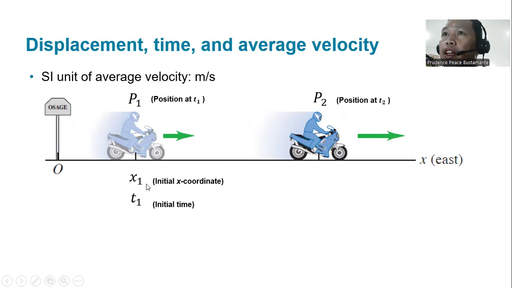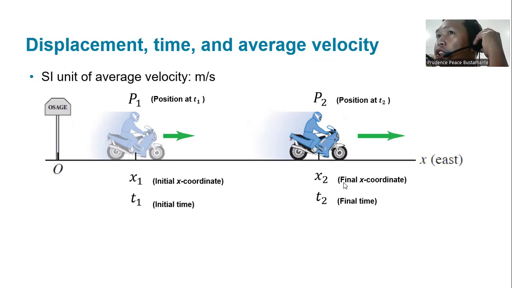At time t1, we note the coordinate of this motorcyclist as x1. At a later time t2, we note the position as x2. This is what we call the final coordinate or final position, and this is the initial position.